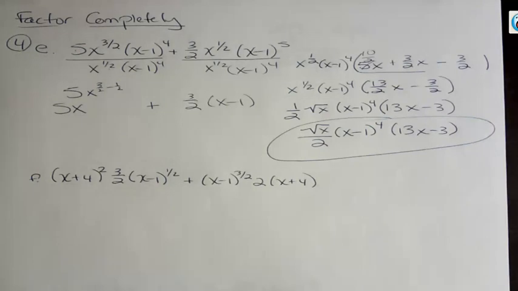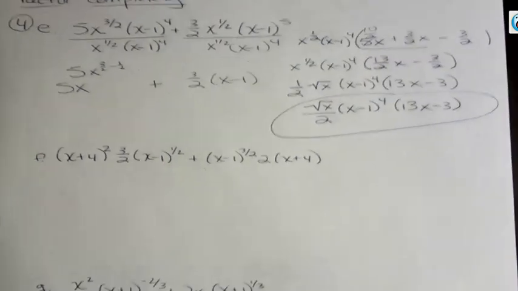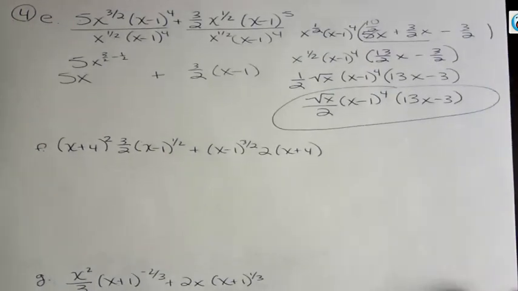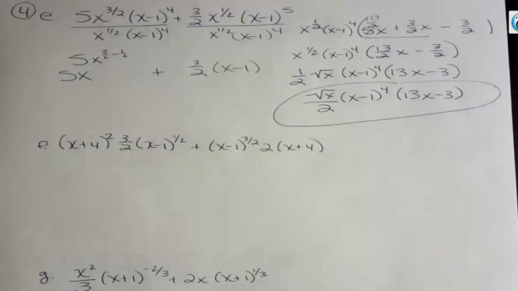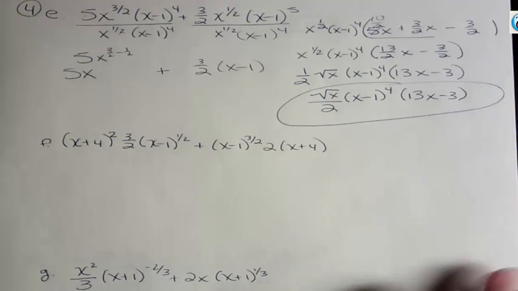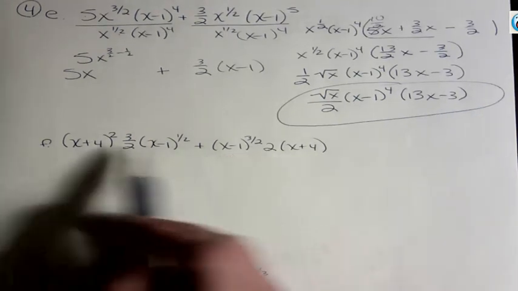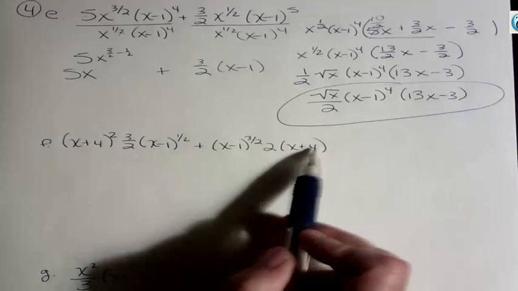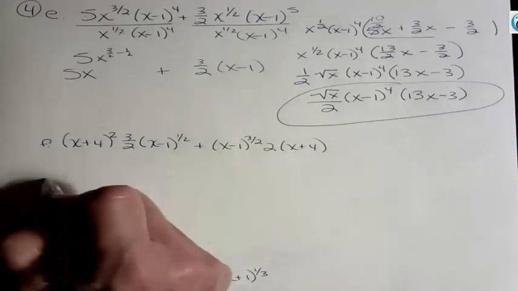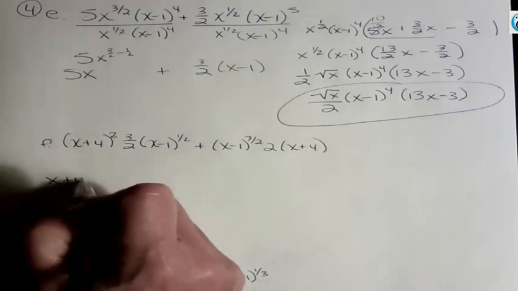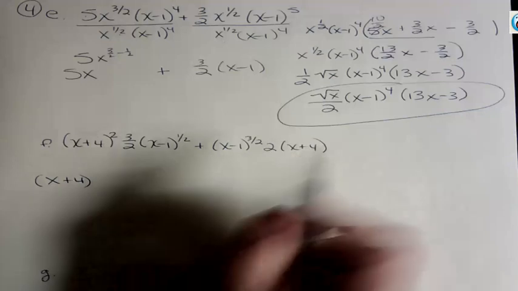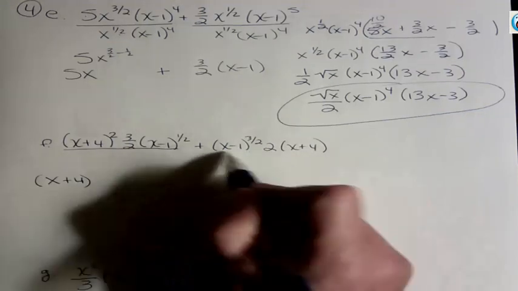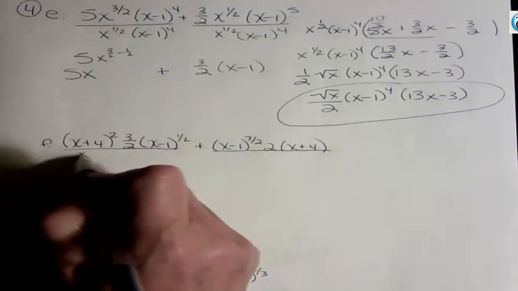Okay, let's take a look at the next one. I'm going to deal with the number later. But I do have x plus 4, at least one of those, right? So I'm going to take the x plus 4 out, the first power. I know that I'm going to be dividing everything by x plus 4.